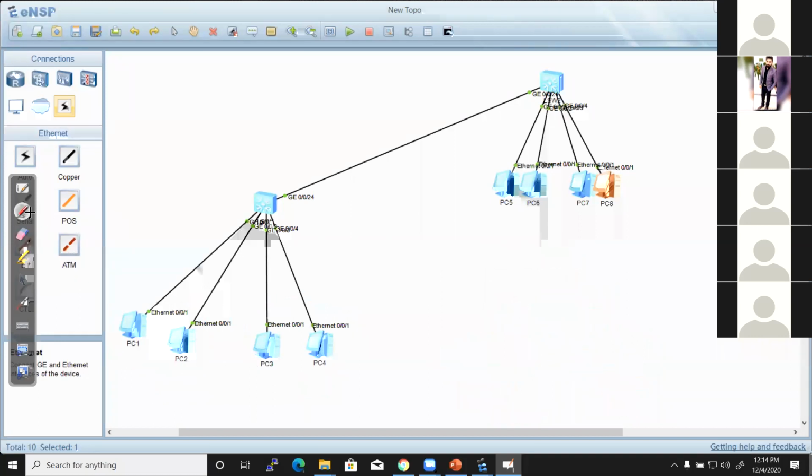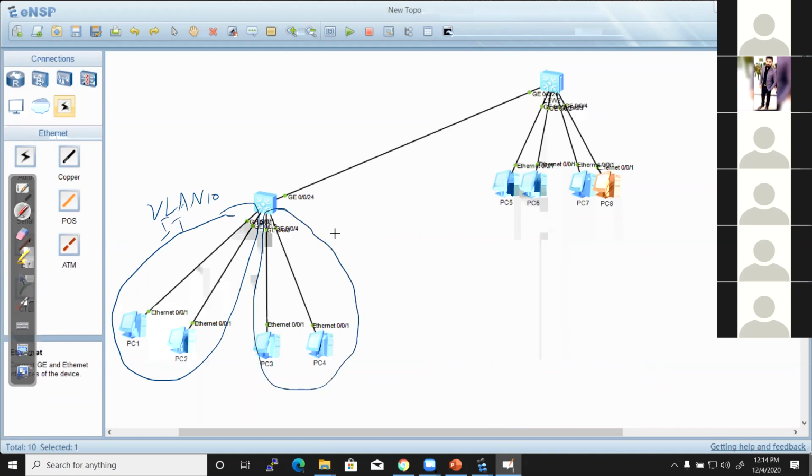Okay. So the case is this is over VLAN 10. Already we have put them into VLAN 10, and these are the IT guys, and we have put them into VLAN 20, and these are the accountant guys.